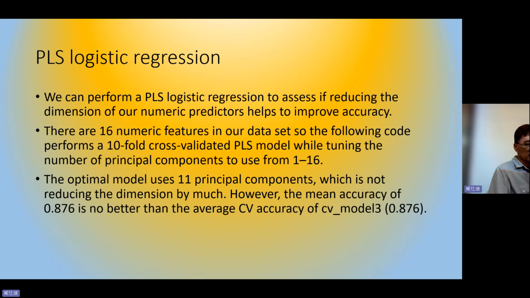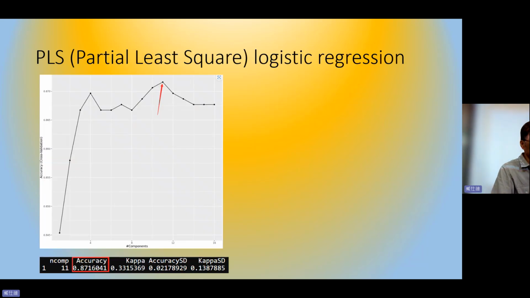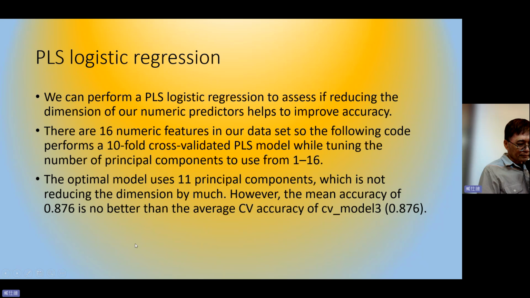Based on this, we can generate this PLS logistic regression here. You can see the x-axis is the number of components. You can treat this just like the principal components, or you can also treat this as the number, or dimension, of our numerical predictors.